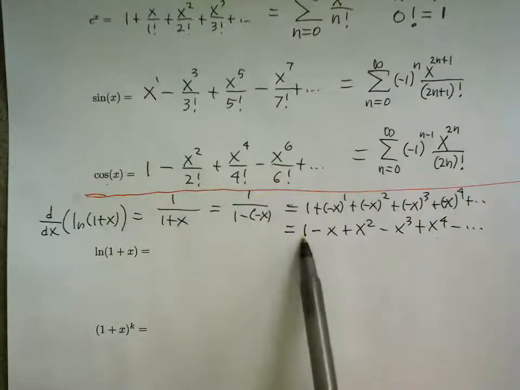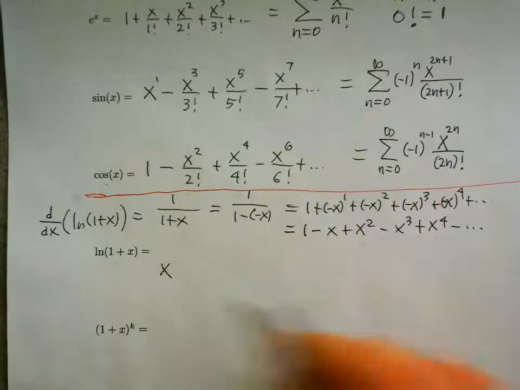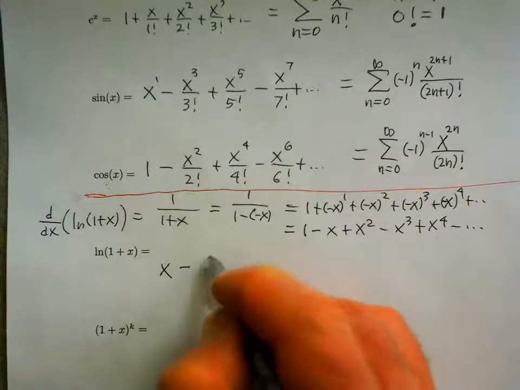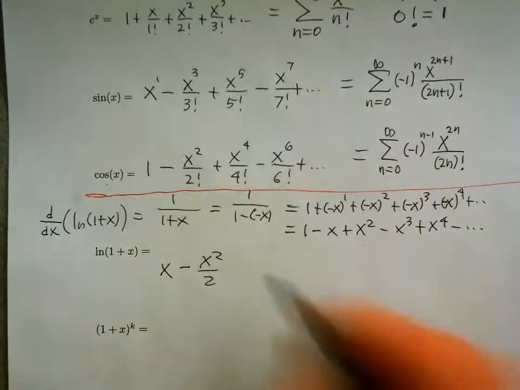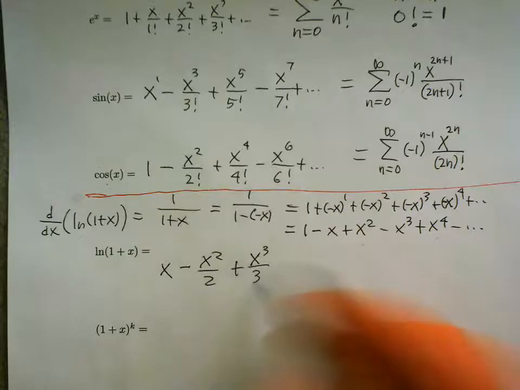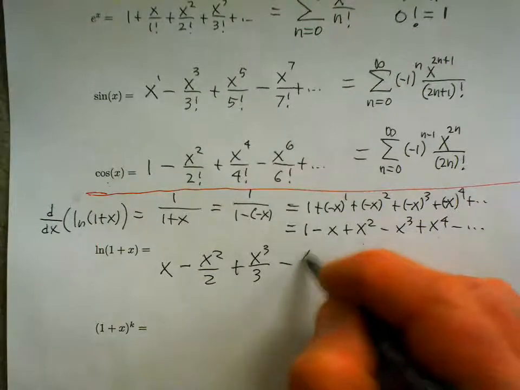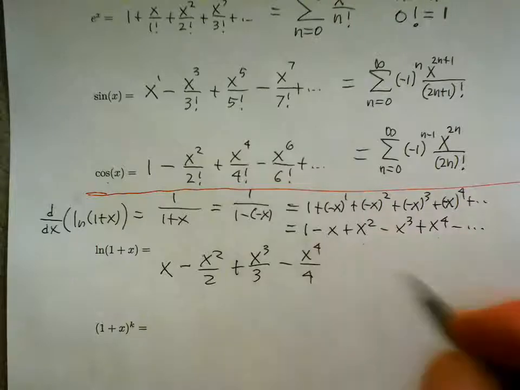So the antiderivative of 1 with respect to x is x, and then minus x squared over 2, then plus x to the third over 3, then minus x to the fourth over 4, and so on.